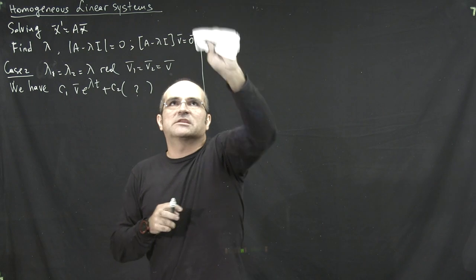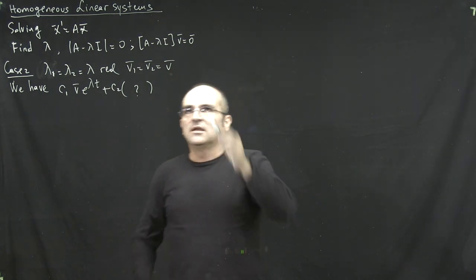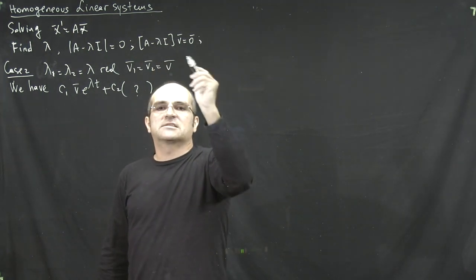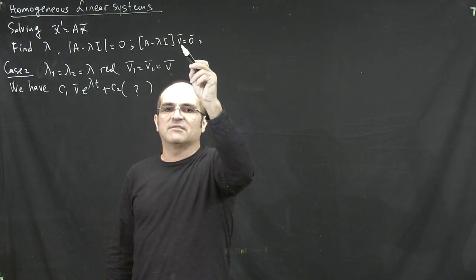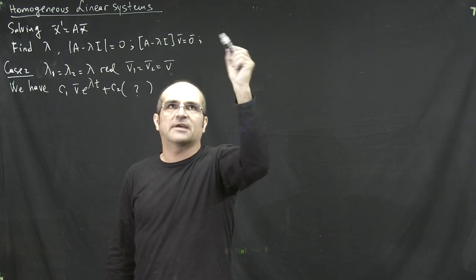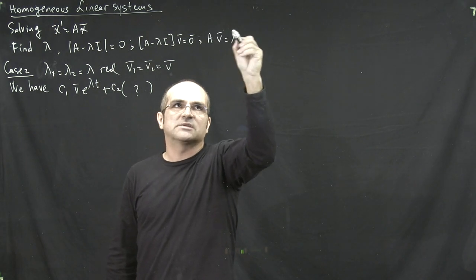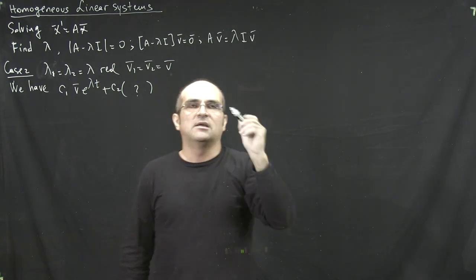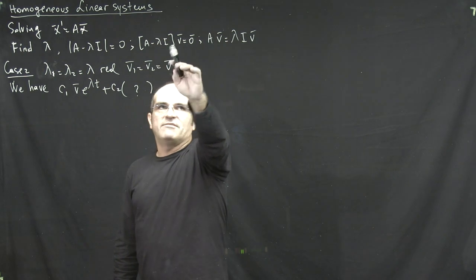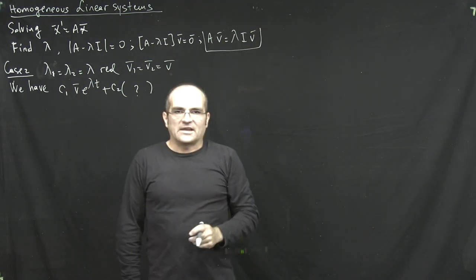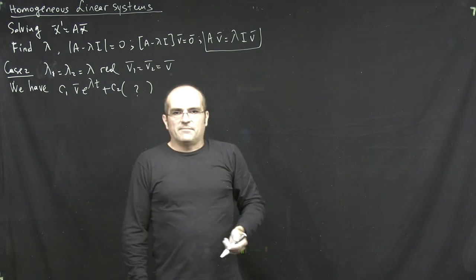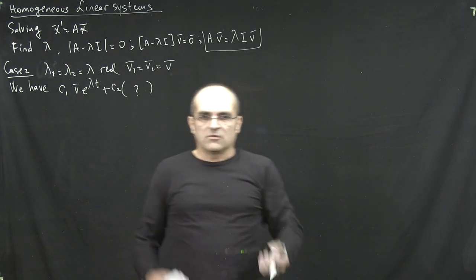And at this point, maybe we should write here as well that the fact that lambda and v bar are eigenvalue and the corresponding eigenvector, you can rewrite as A v bar equals lambda I v bar. You simply move lambda I v bar on the right hand side. So that's just another way of writing the fact that lambda and v bar are eigenvalue and eigenvector corresponding to each other, right?